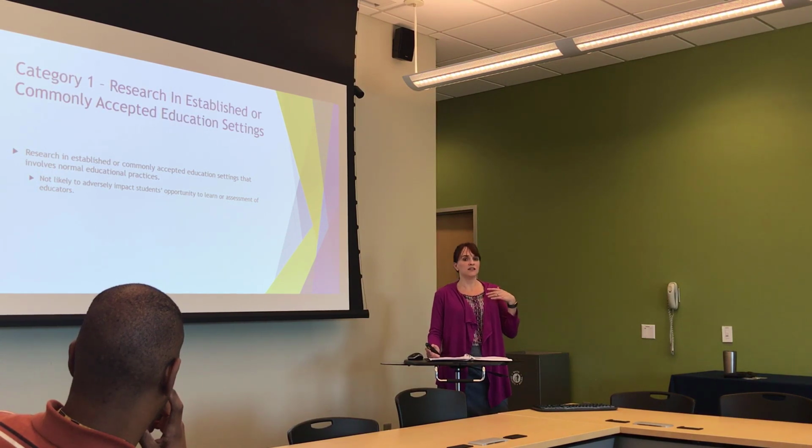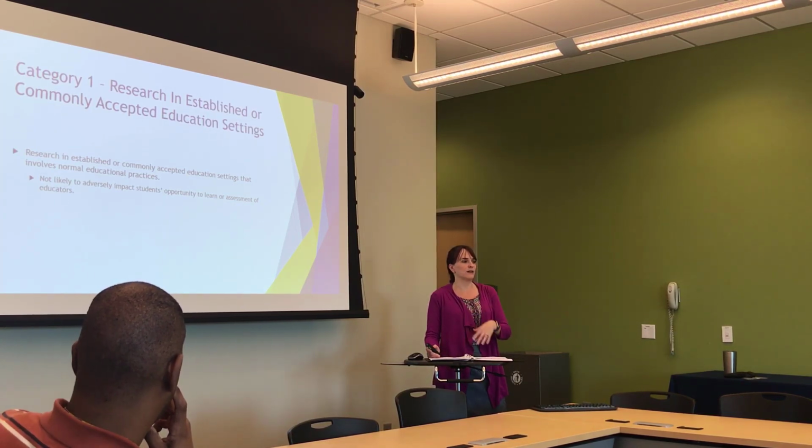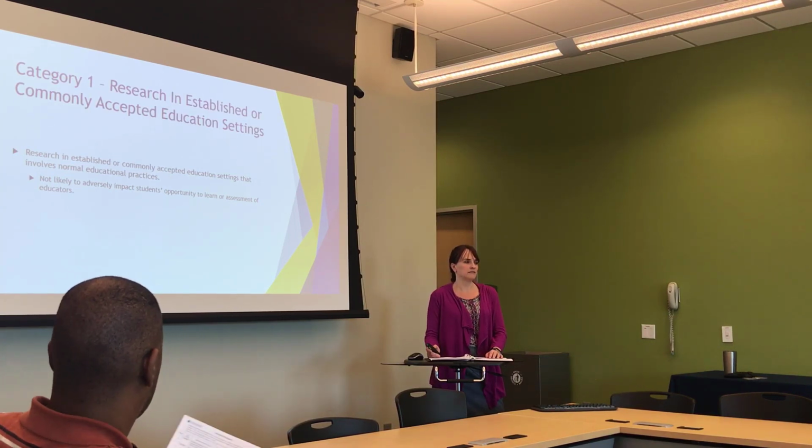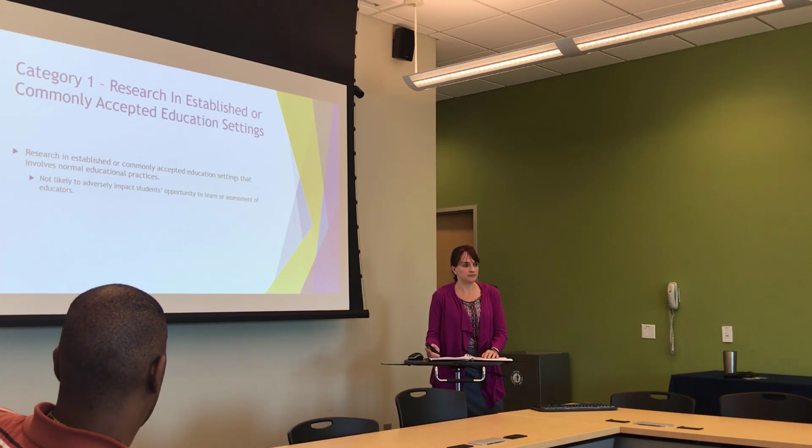So if you're doing normal educational practices in commonly accepted educational settings with children, you can still qualify for an exemption. For most of the categories we're going to go through, you're not able to use an exemption when you're working with children.